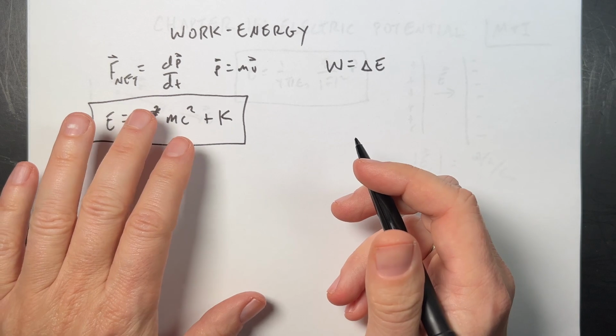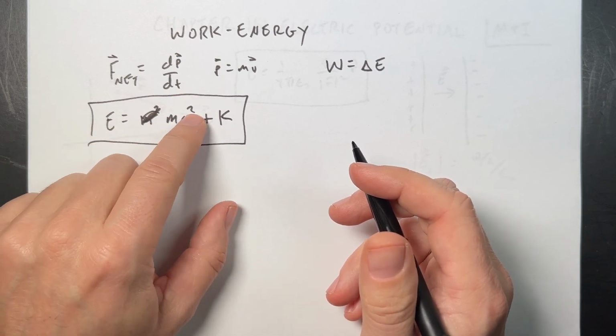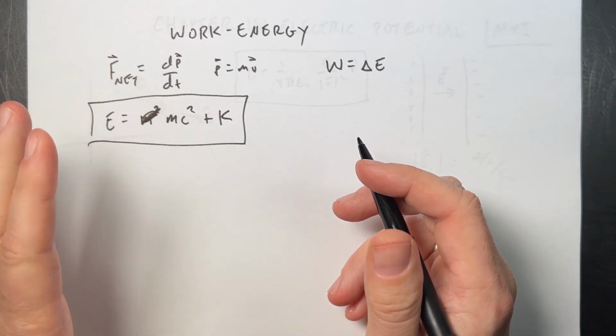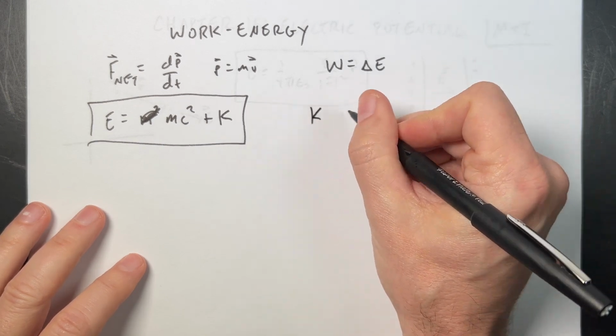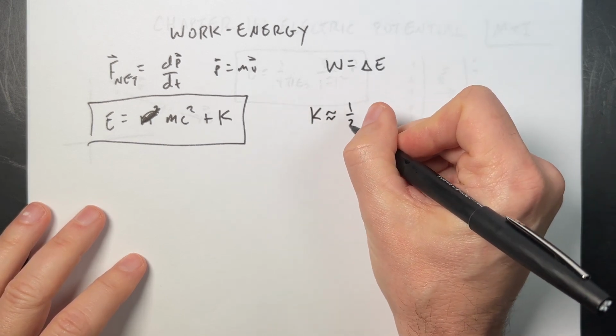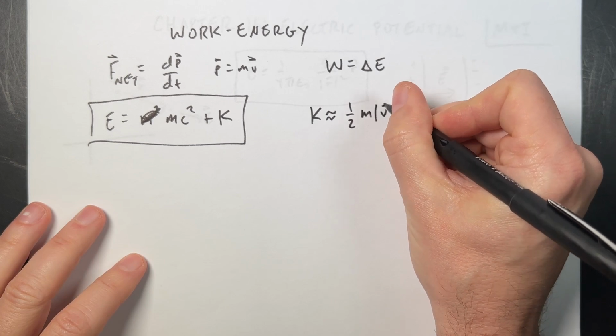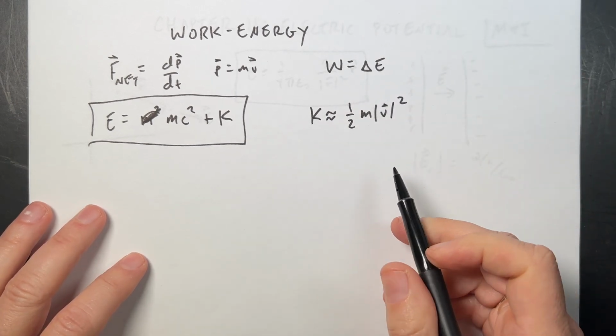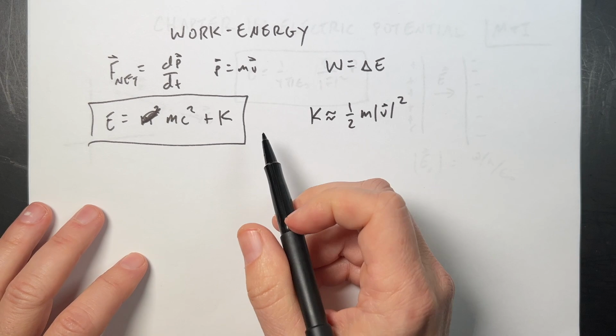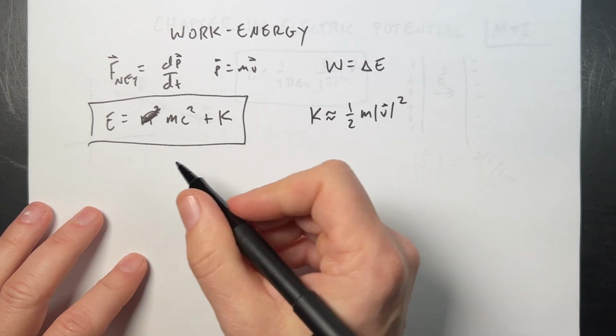However, if the speed is very slow, then this term we could assume is fairly constant, and then K is approximately equal to 1/2 mv squared. So that's your kinetic energy. If you just have a particle, that's all you have. Now, what about work?